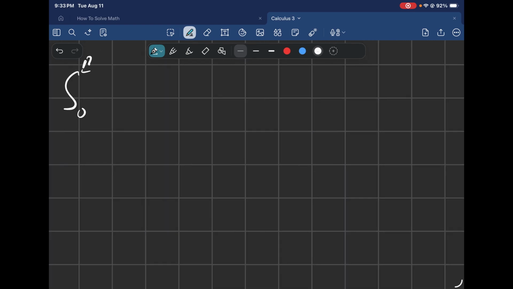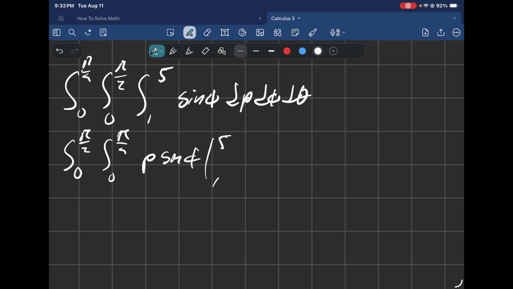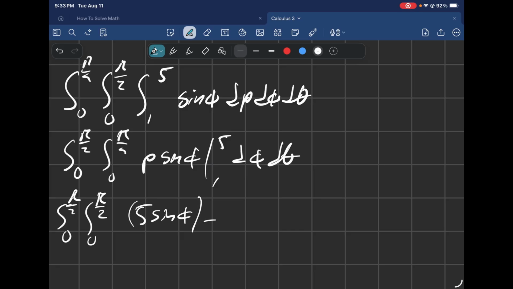So this will be 0 to pi over 2, 0 to pi over 2, from 1 to 5, of sine phi d rho d phi d theta, and this is just going to be 0 to pi over 2, 0 to pi over 2, of rho sine phi from 1 to 5 of d phi d theta, which is just 5 sine phi minus sine phi d theta, which is just going to be 4 sine phi.